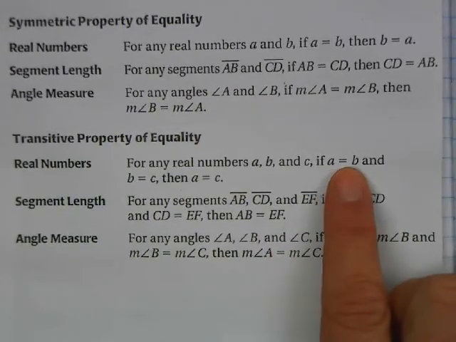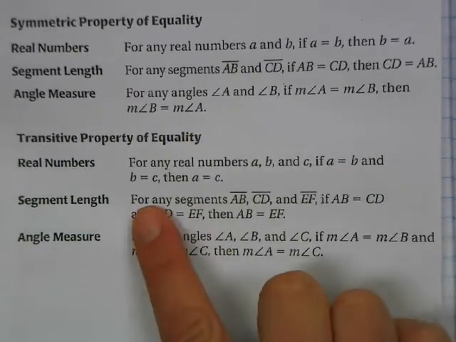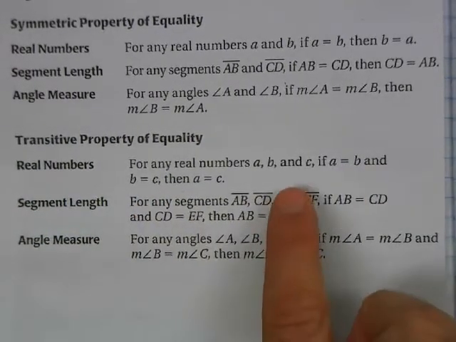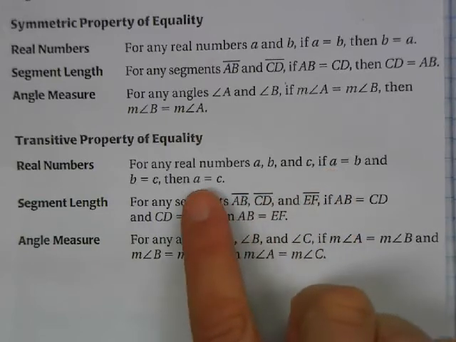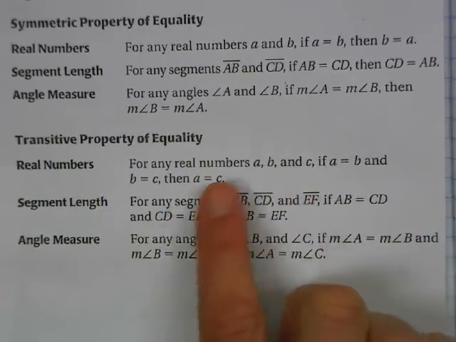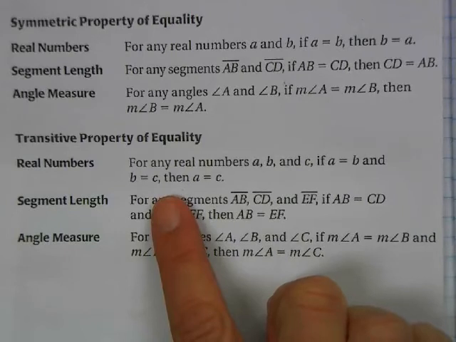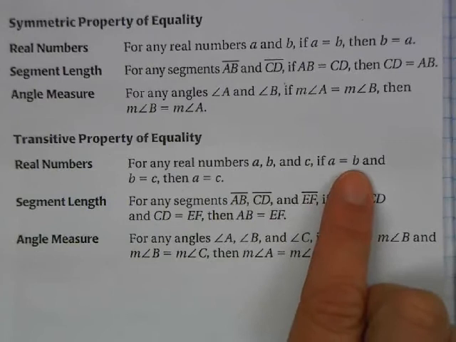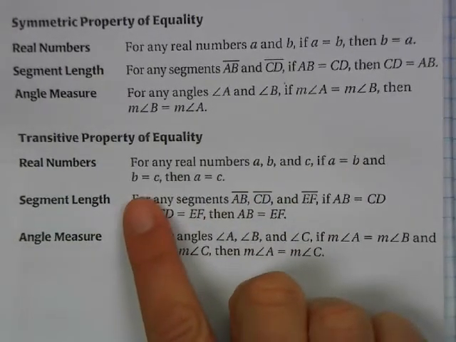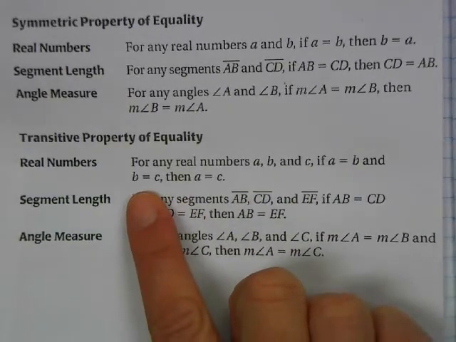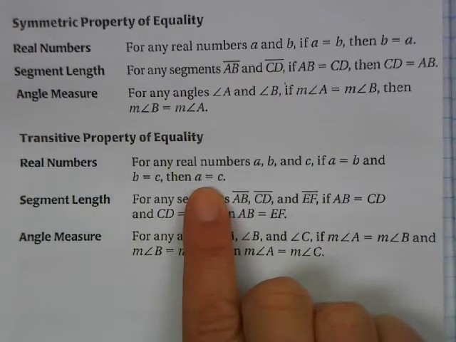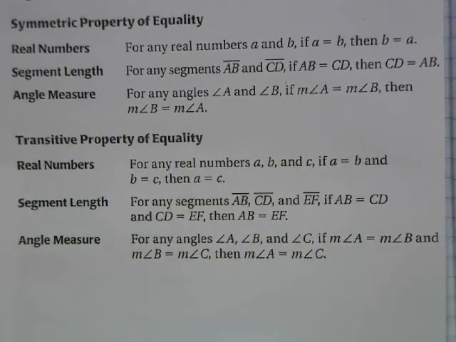So they're saying if A equals B and B equals C, then you can substitute and conclude that A must equal C. So that's just like saying if A equals 5 and C equals 5, then A and C must be equal. And the same is true for segment lengths and angle measures. You can kind of substitute those values in.